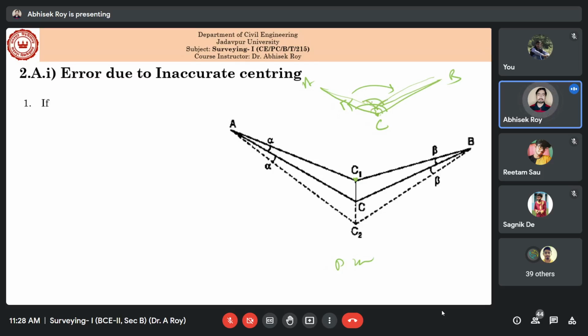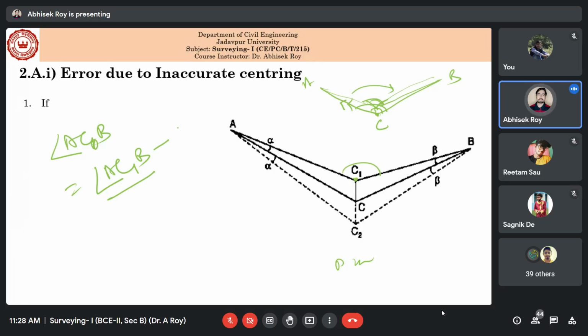Then instead of this angle, you are actually measuring this angle. So instead of ACB, you are actually measuring AC1B, right? So you are doing some sort of measurement error. Obviously ACB is the measurement which you should do, but you are actually measuring AC1B.